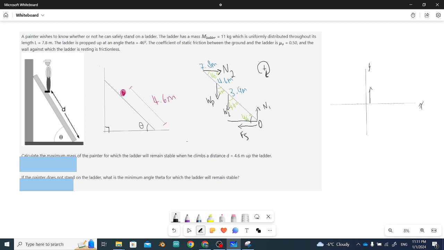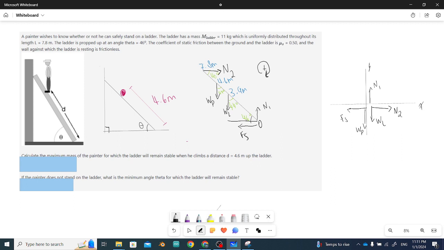So we have N1, we have the frictional force, we have the weight of the ladder, we have the weight of the painter, and we also have the normal force of the wall onto the ladder.